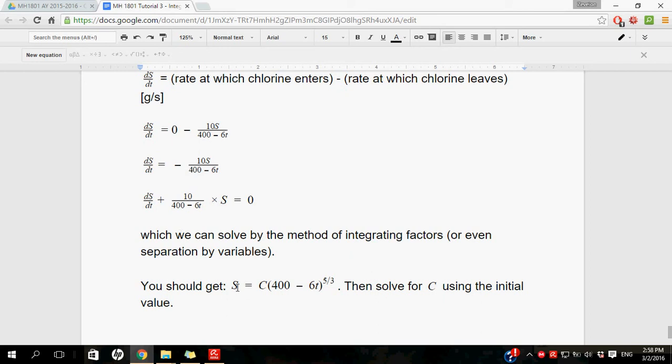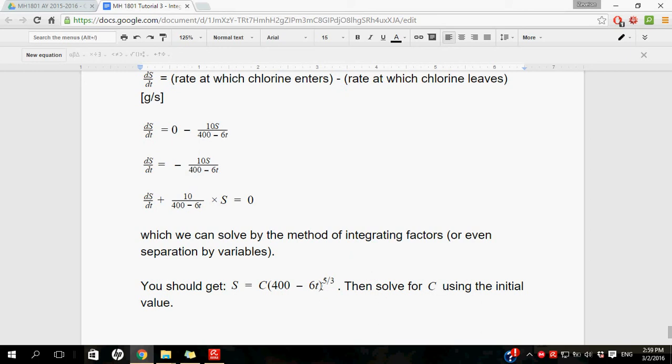At the end of it, if you do your calculation correctly, you should get S, the amount of chlorine, in terms of this formula: arbitrary constant C times (400 minus 6t) to the power of 5/3. Then you will use information in the question to solve for C.